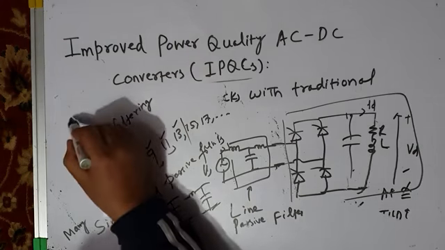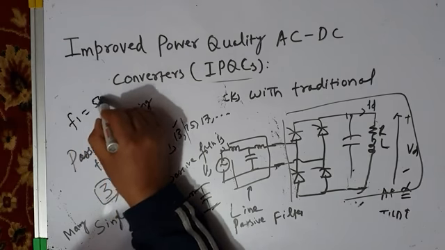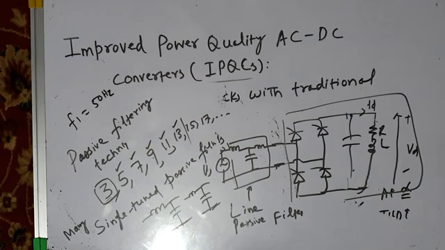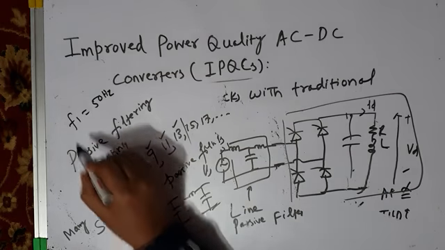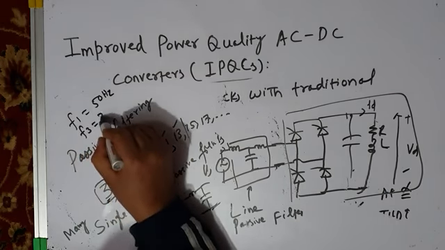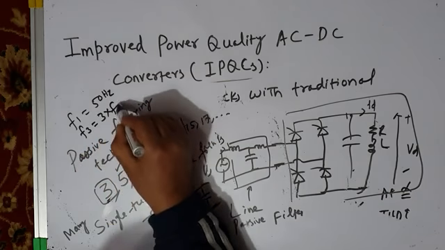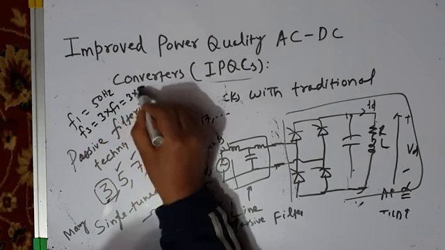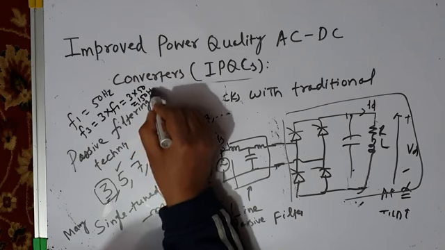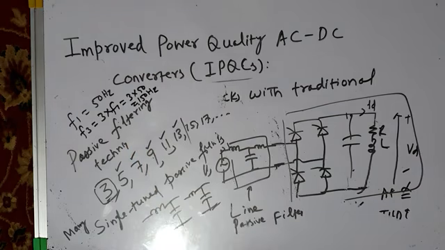Because what is your fundamental frequency, F1? That is 50 Hertz. If fundamental frequency is 50 Hertz, what will be the frequency of third harmonic component? Its frequency is 3 times fundamental frequency. That is 3 into 50, that means 150 Hertz. और जब 150 Hertz पे आप LC filter design करोगे, 150 Hertz is a small frequency. The size of filter will be very large.